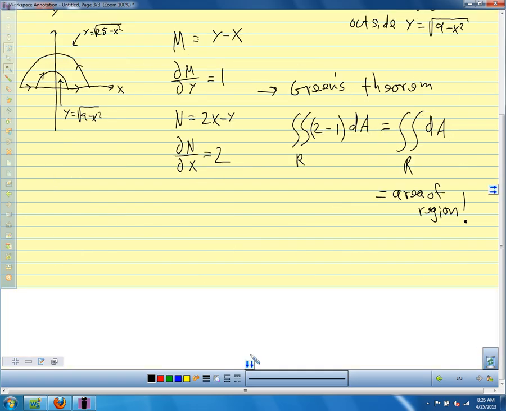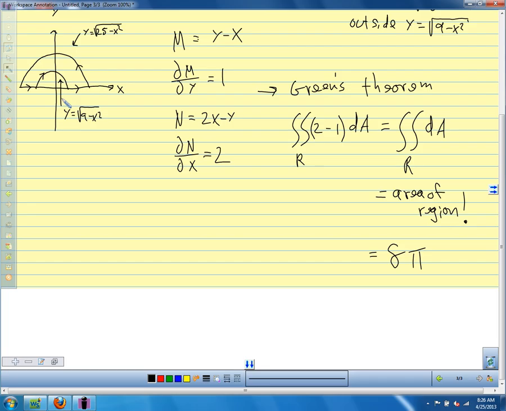So what's the area of this region? Big circle minus the little circle, right? And half of that. So the area of that region is going to be 8 pi. We could evaluate this double integral using polar coordinates because we have these circles. But one of our favorite tools is to use geometry.